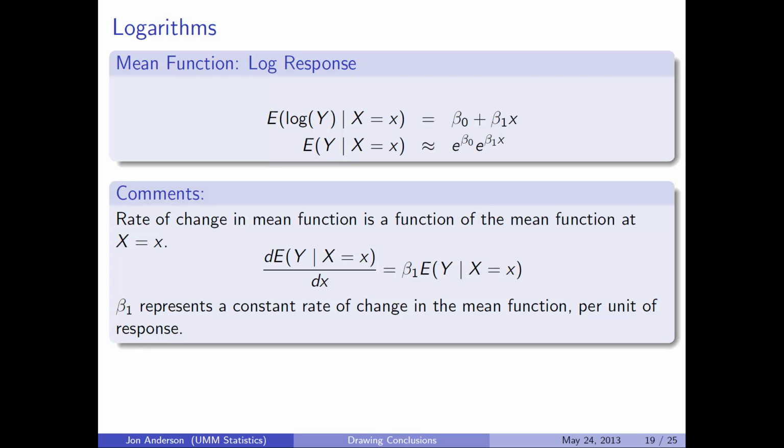And so what does a change in x do to the mean function? Well, it depends. It's different depending on what the typical level of the response is. If the typical level of the response is big, you get a much bigger change in the mean function. It's a multiplicative change.